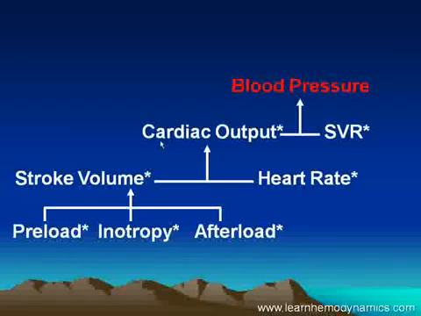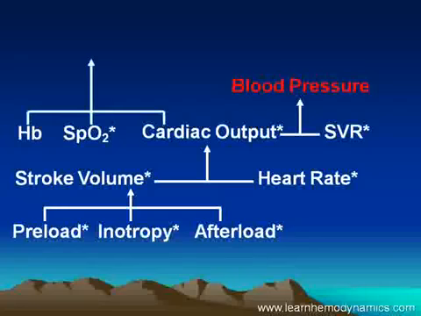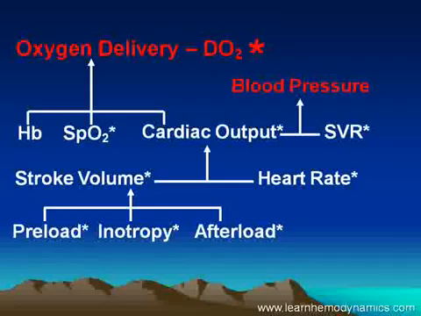But cardiac output also combines with oxygen saturation and hemoglobin concentration to give us oxygen delivery. And that's what we really want to know, because that's what keeps us alive. There's no point in having blood pressure if we don't have oxygen delivery.